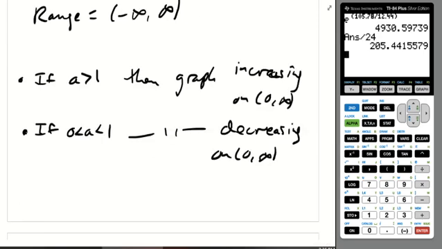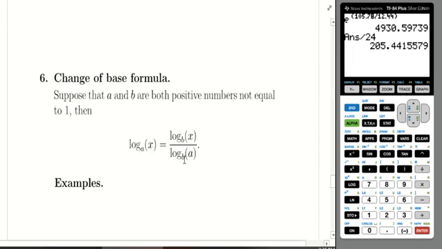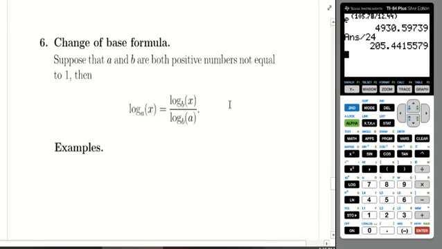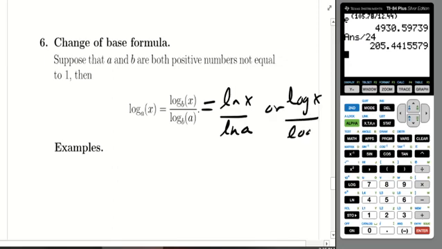And as I mentioned, the change of base formula, this is the general formula for it, but we really are only going to use this to change from log base whatever to log base e or log base 10. But you can do it for any a and b, where b is some other base.